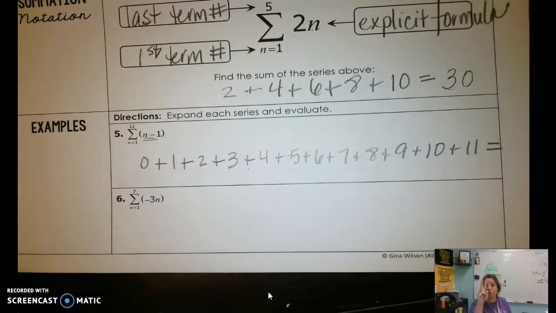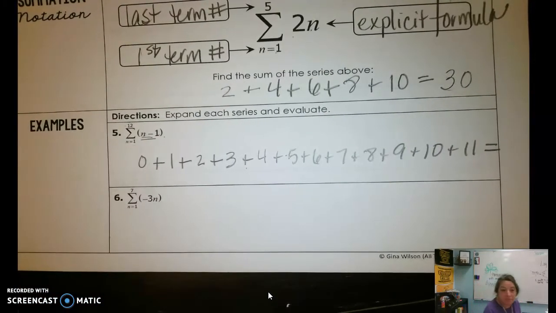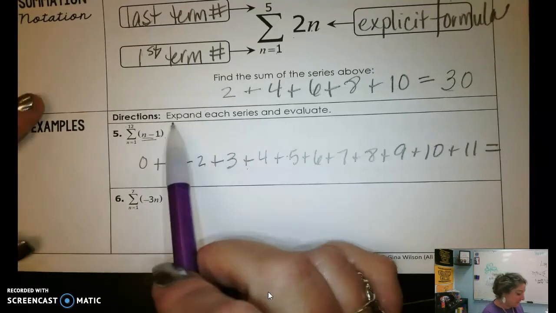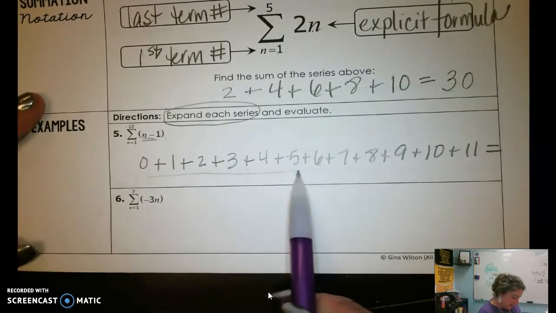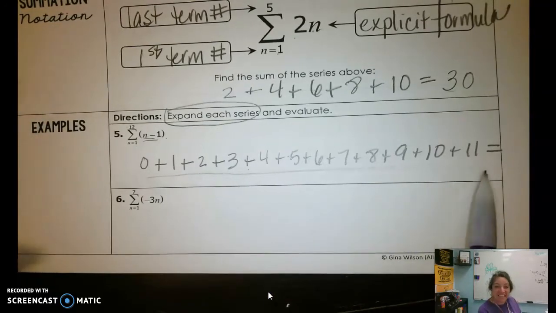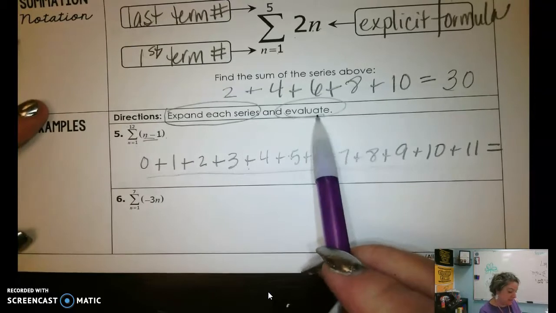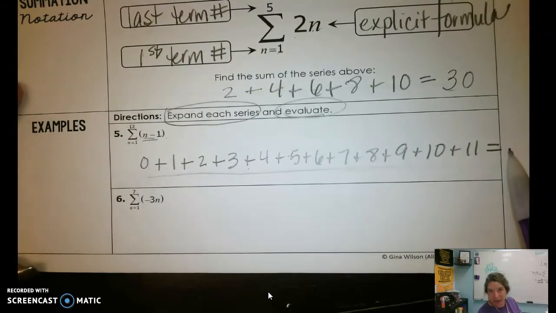Now, 2 things really quickly. If you're getting your calculator, put it down, okay? Because we're going to work smarter, not harder. The second thing I wanted to tell you, if it says expand the series, it means to write this out. If it says evaluate, that means actually do the math and get the answer, okay?